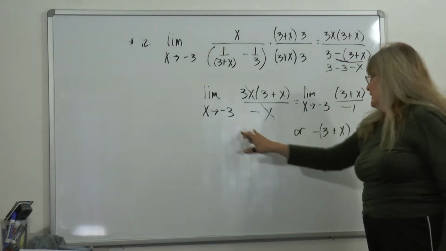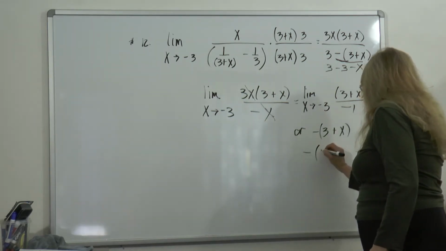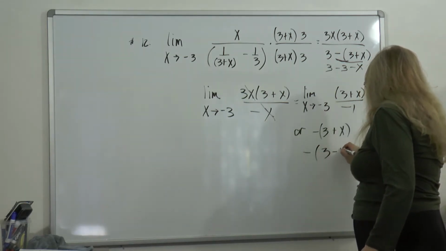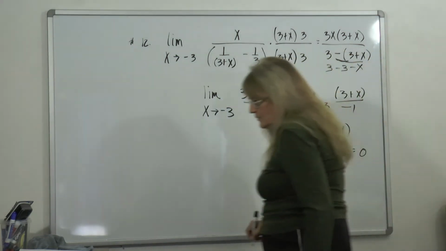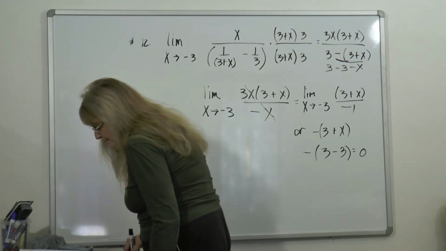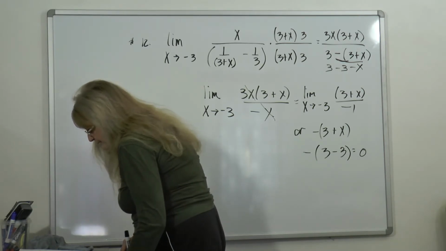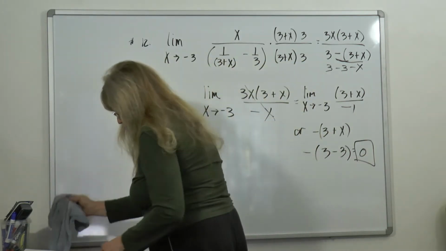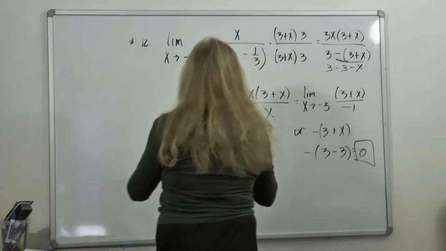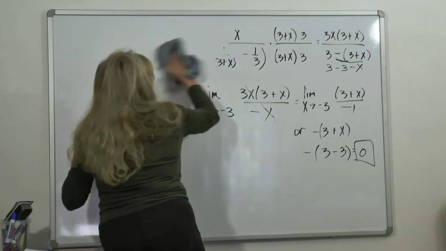Okay, so if I let x equal negative 3, I'm going to have 3 minus 3 equals 0. Did I screw it up? Yeah, no, that's right. Well, you do all that work and it ends up equaling 0. That's not very satisfying.